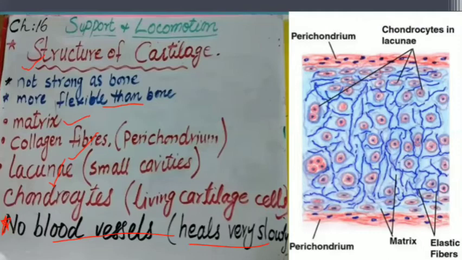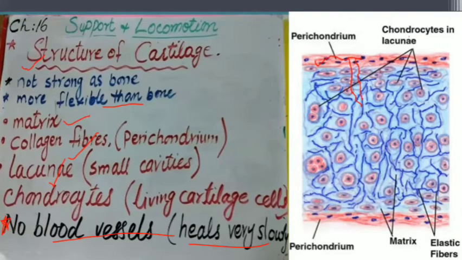The cartilage matrix is covered from both sides with a layer of cells called perichondrium. Actually, blood vessels are present in the perichondrium, but not deep inside the matrix. So when the blood flows through here, all the nutrition just diffuses inside the cartilage.